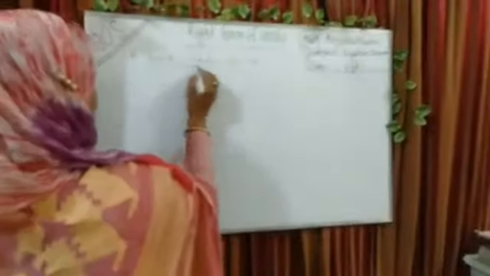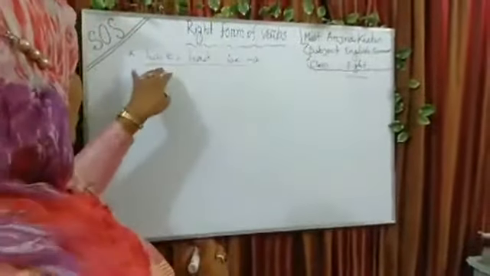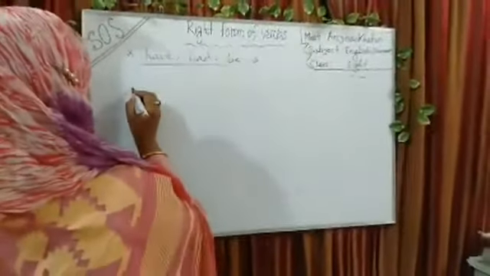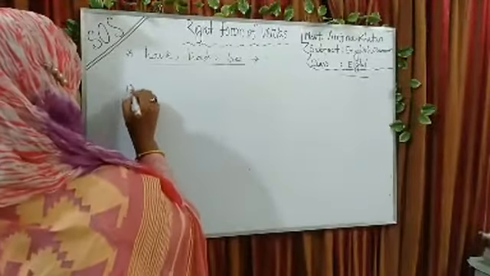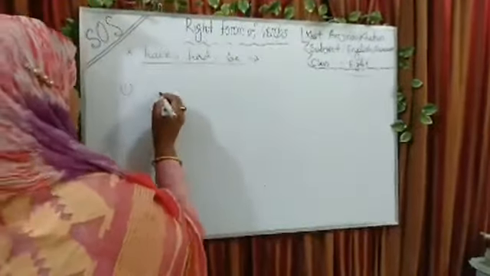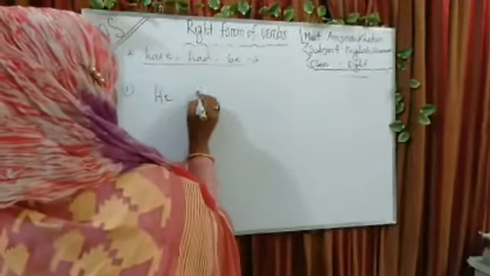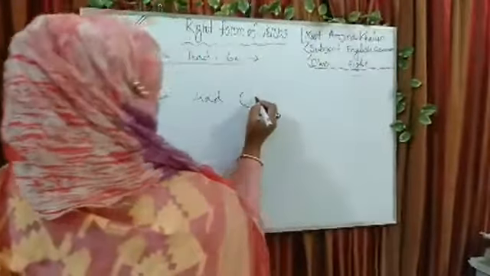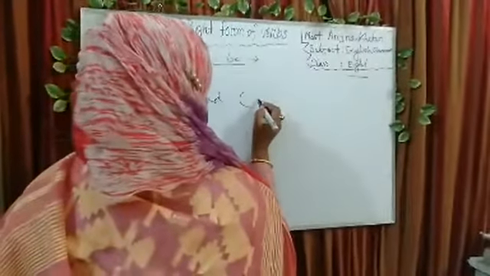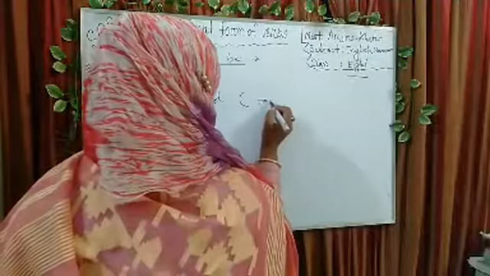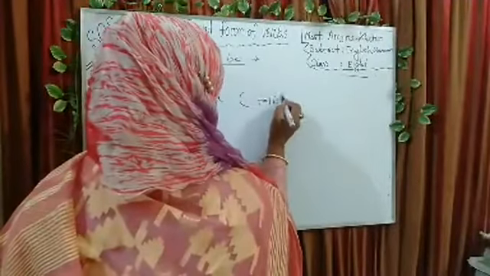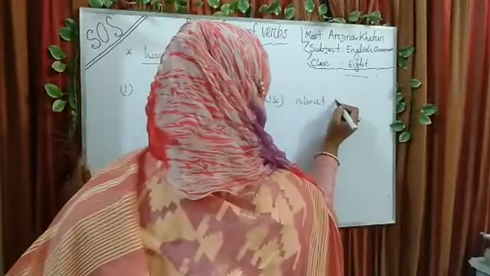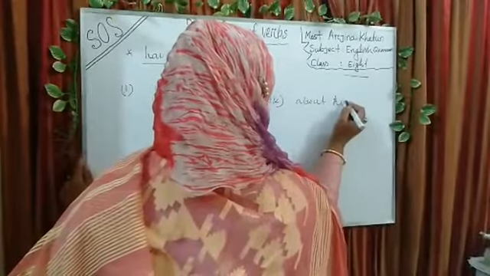When have, had, be are used, the main verb is the past participle. He had talked about his village.